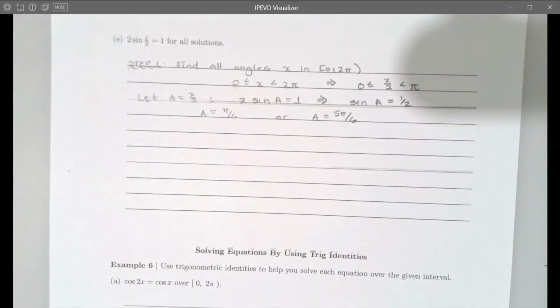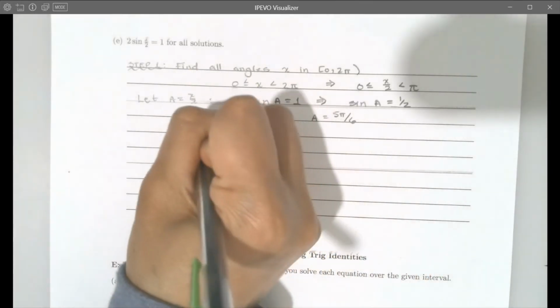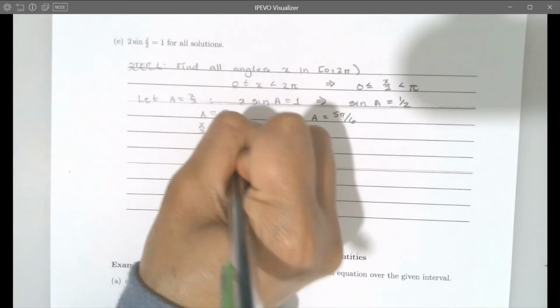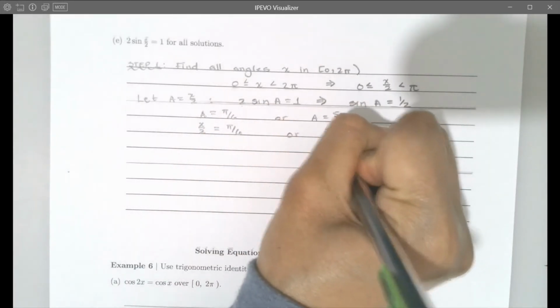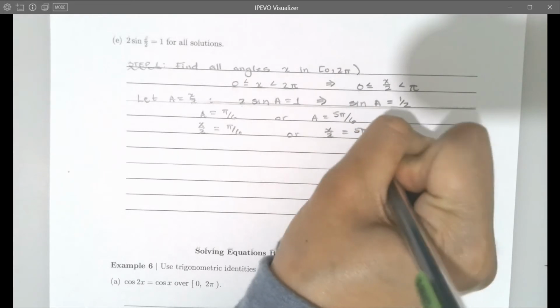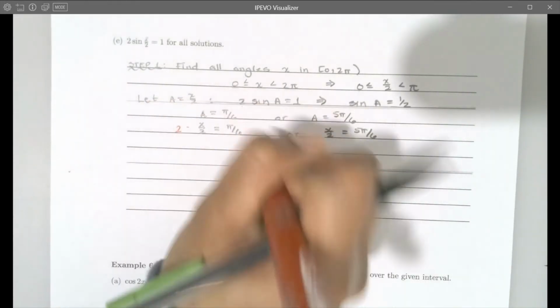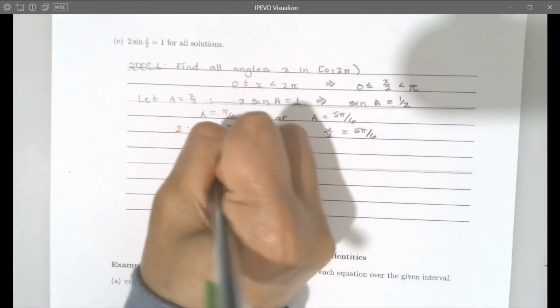Okay, now we've solved for the angle a. That's not ultimately the variable that we're interested in. The variable we want is x. So we're going to replace back x over 2 for a. So x over 2 needs to be pi over 6, or x over 2 needs to be 5 pi over 6. We can multiply both sides of the first equation by 2 to get x equals pi over 3.